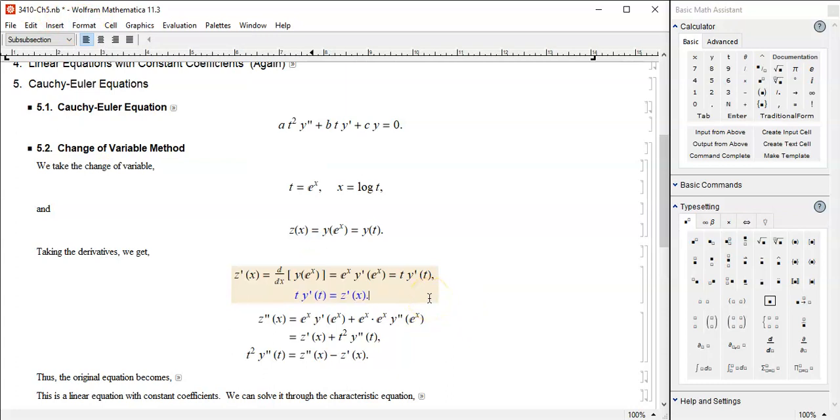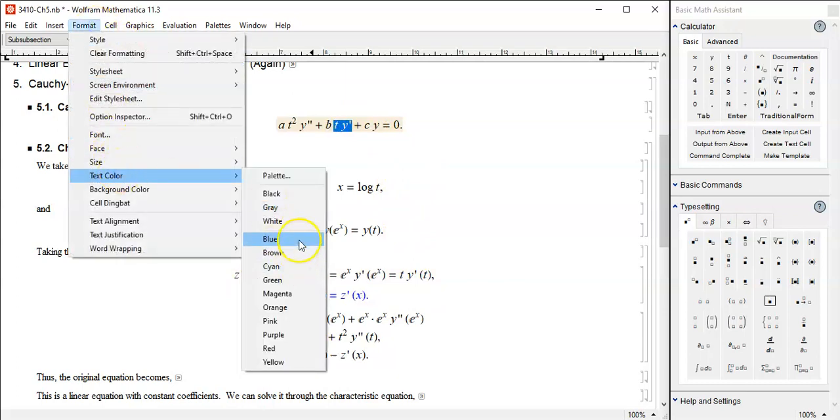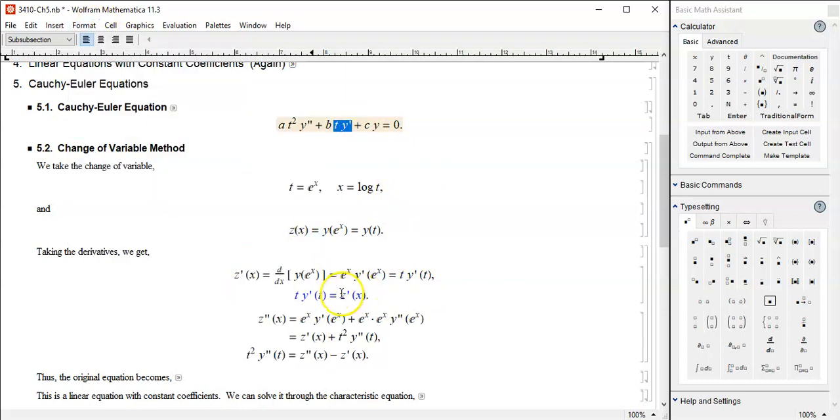Back in this Euler's equation, t y prime is right here, isn't it? And that's going to be replaced by z prime.